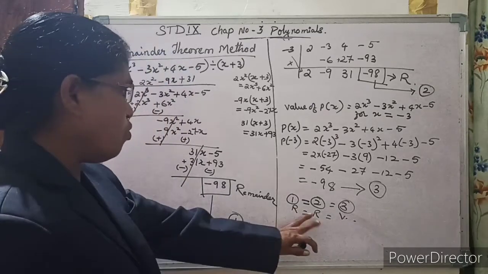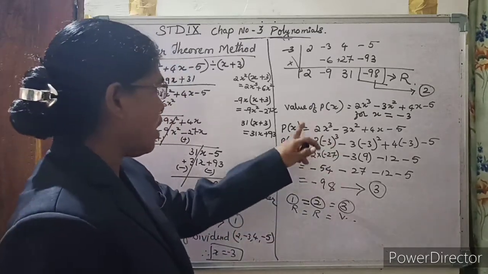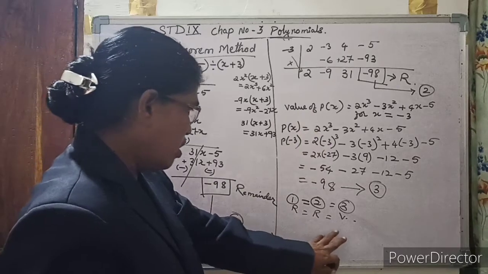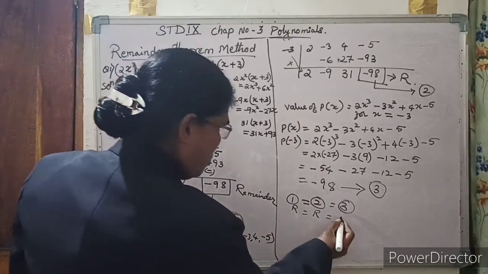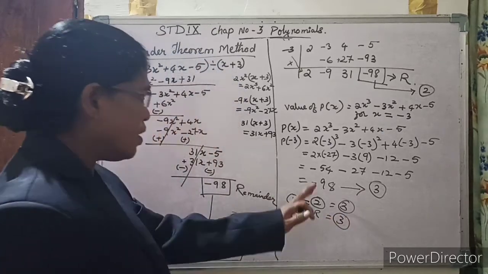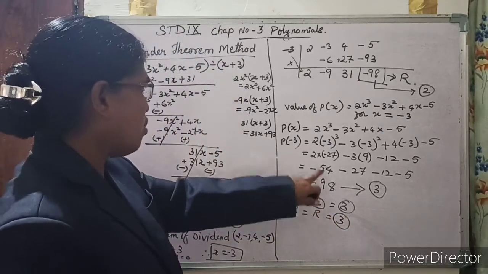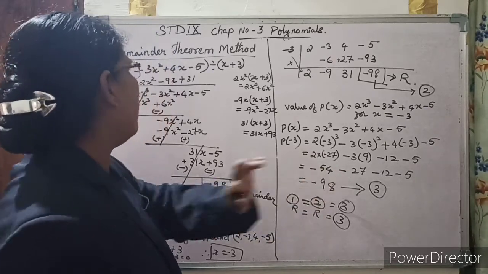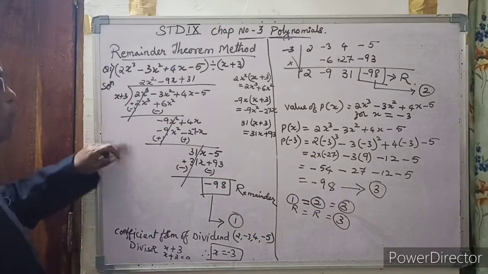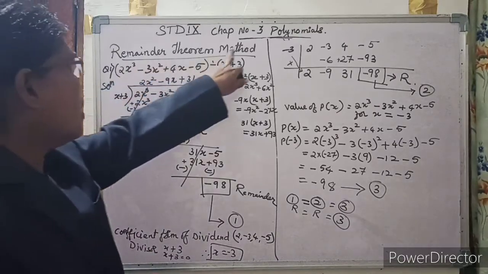That means when these two are the remainders, this is equal to the third point, so we can consider that this is also the remainder by the remainder theorem method.